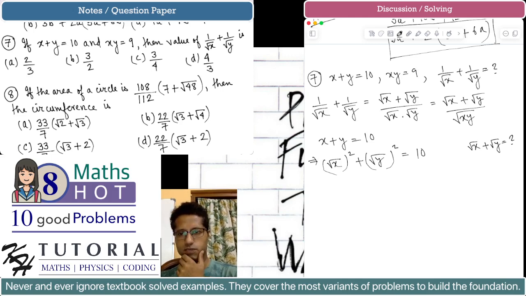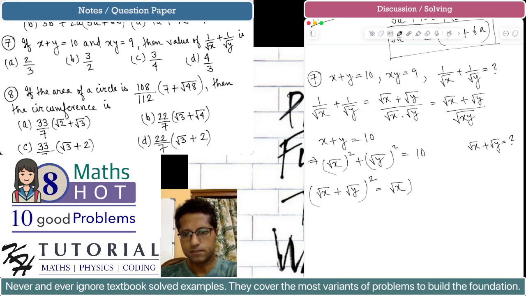Also we know x into y. If we know x into y, we can also find root of x into y. Now, root x plus root y whole square, if I do the square, this is equal to root x square plus root y square plus 2 into root x multiplied by root y.